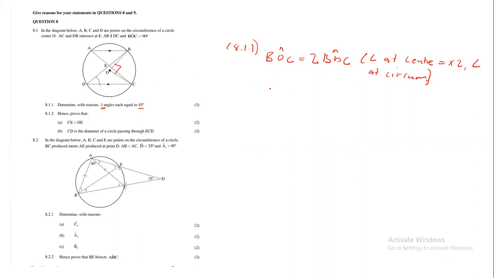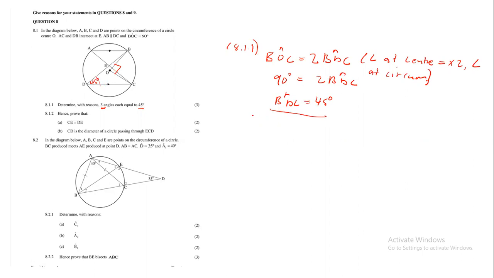The magnitude of B angle OC, it is provided to be 90 degrees, is equal to 2 B angle DC. Therefore, we divide both sides by 2. That means B angle DC will be equal to 45 degrees. This is the first angle that is equal to 45 degrees.